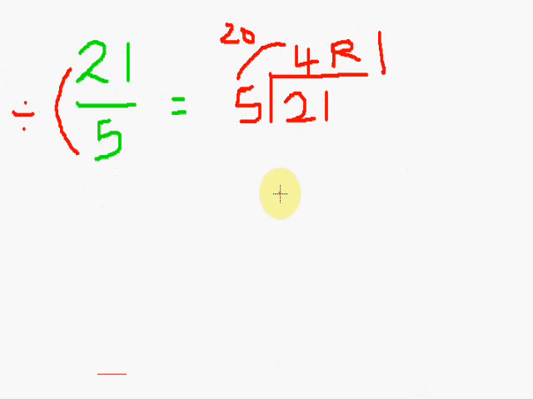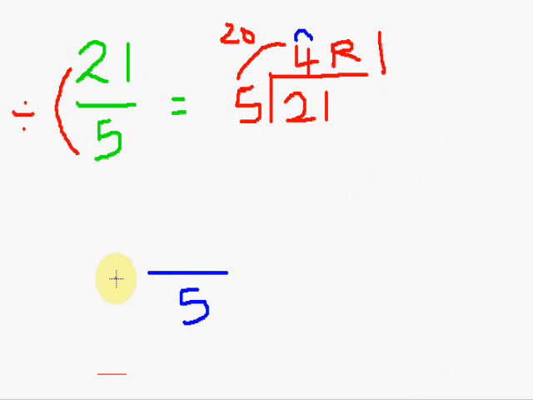Okay, so let's now set down this information in the form of a mixed number. Oops, sorry about that. Remember I told you the denominator in the improper fraction remains the same. So we're going to write back the 5. Okay.